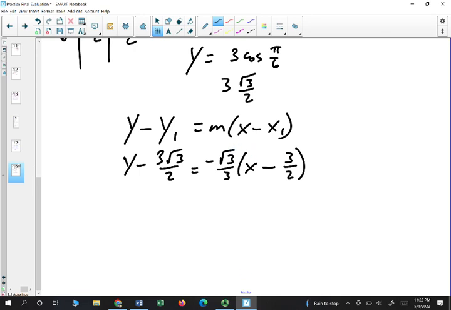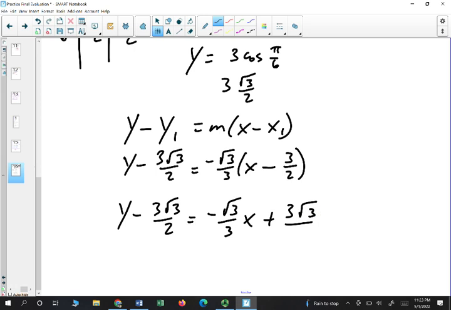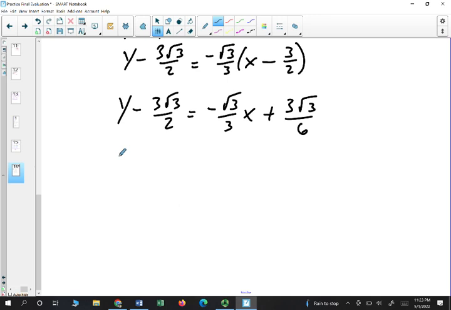We're going to distribute the negative root 3 over 3. So that gives us negative root 3 over 3 x. Negative times negative is a positive, 3 root 3 over 6, and we can actually reduce that. So that will give us root 3 over 2.